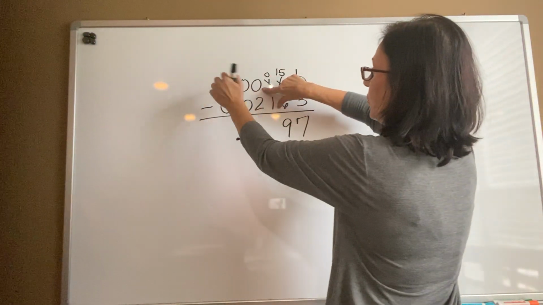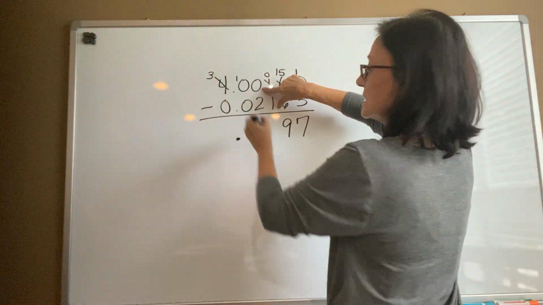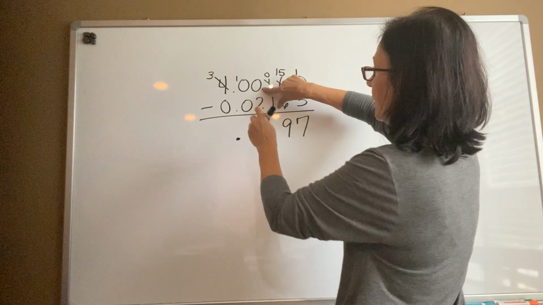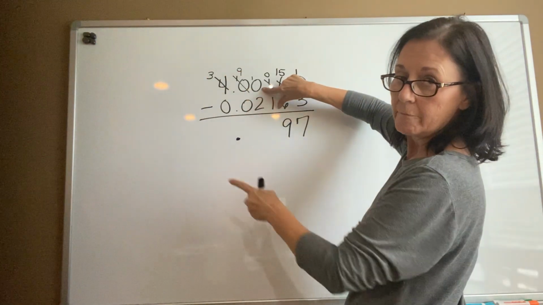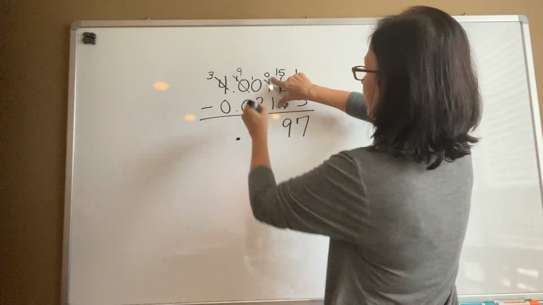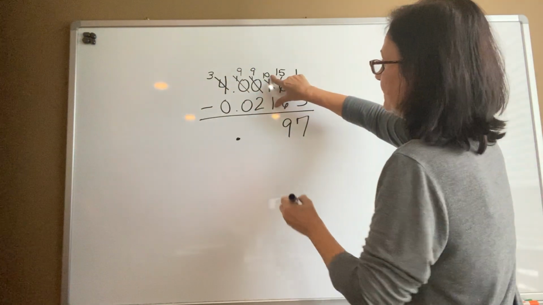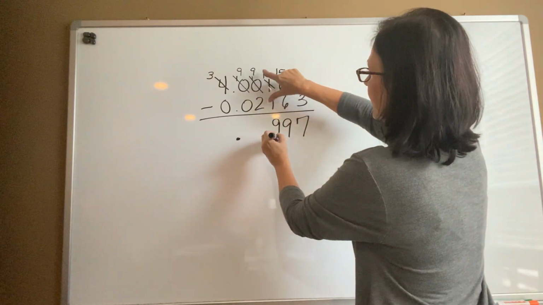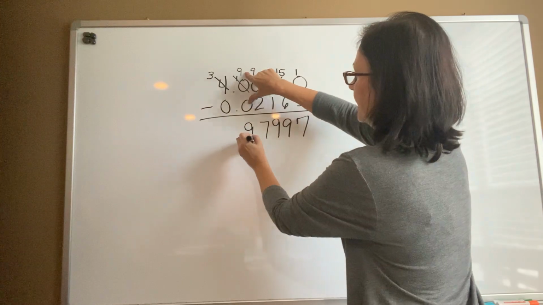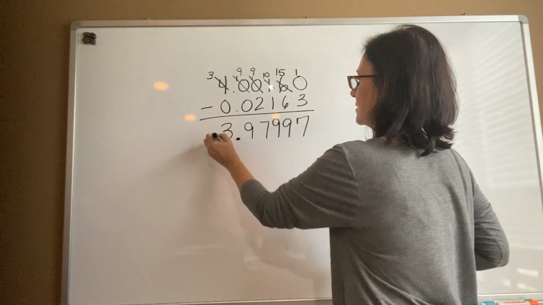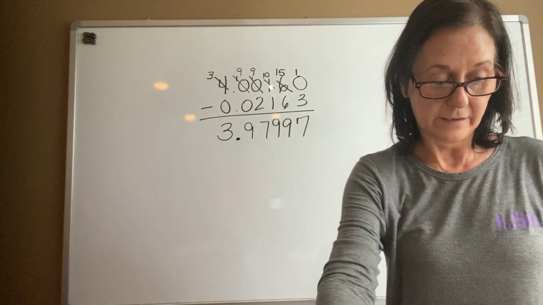I have to go all the way to 4, make that a 3. That becomes a 10, but I need to borrow again. That becomes a 9. That becomes a 10, but I need to borrow again because I need to make this the 10. Now I have 10 minus 1 is 9. 9 minus 2 is 7. 9 minus 0 is 9, and 3 minus 0 is 3. Okay, I had to borrow a lot for that one.